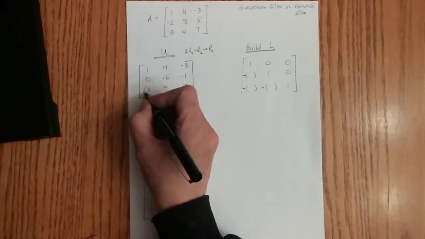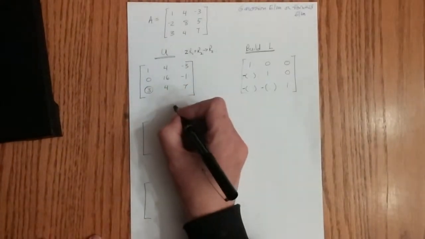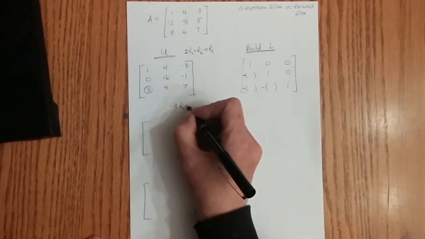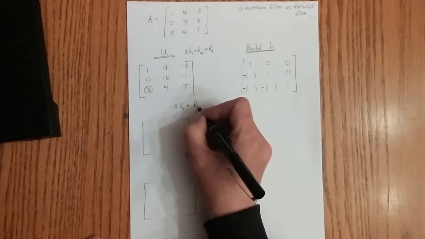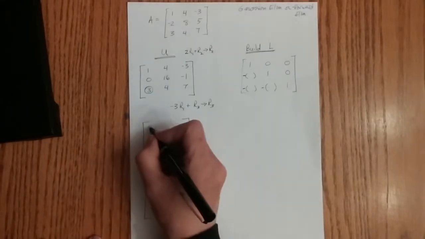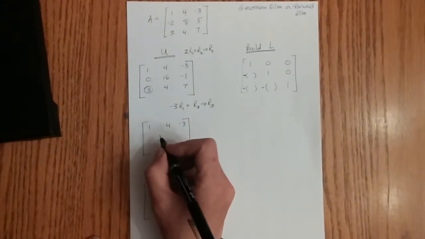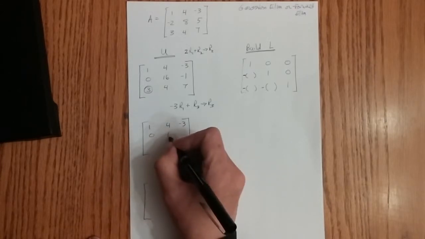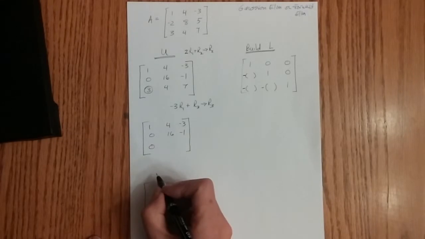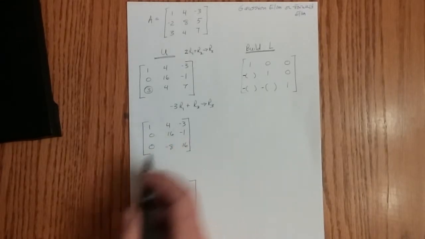Now we're going to get rid of this 3. To do that, our row operation is going to look like 3 times R1 plus row 3, and that's going to replace row 3. So our first 2 rows are not going to change, and I'll copy those over. The last row will become 0, minus 8, and 16.